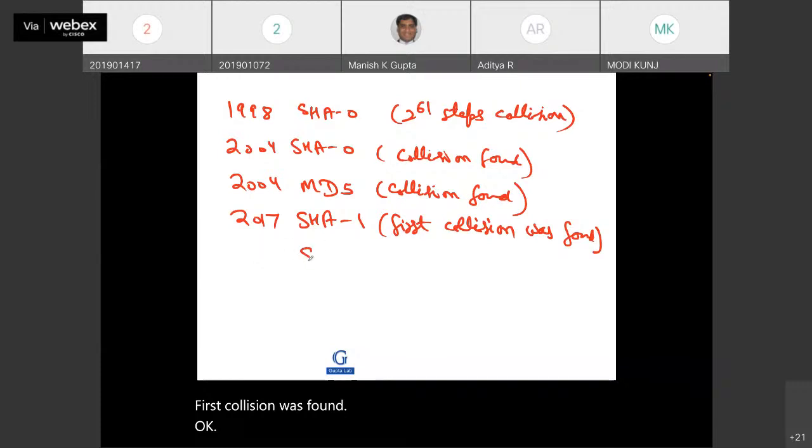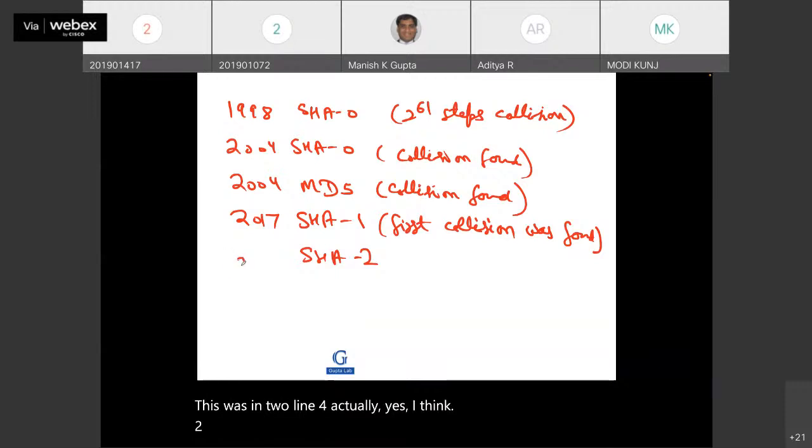Then a new algorithm SHA-2 was introduced, and it has 4 hash functions. This was in 2004 actually.